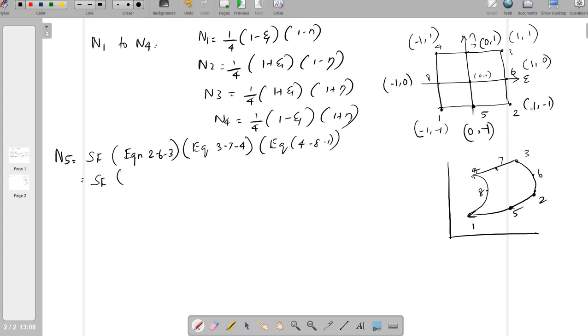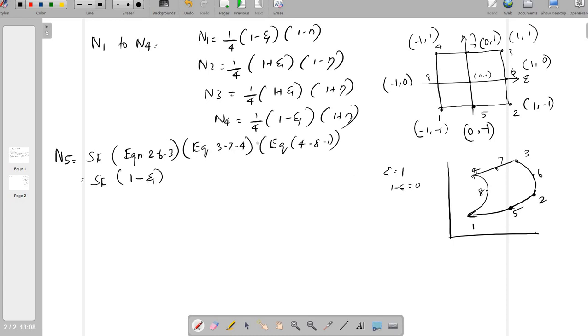What is the common factor here? Epsilon equal to 1 is the common factor. So I am writing 1 minus epsilon, because if it is epsilon equal to 1, we can write 1 minus epsilon equal to 0. So that is the equation. We are making it as an equation.